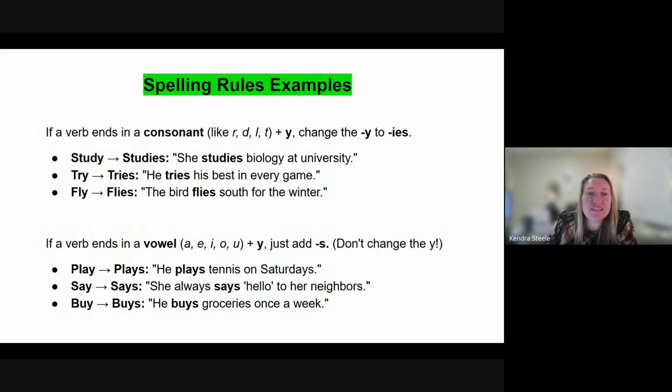So you can see that these ones all have the vowel A-Y, A-Y, U-Y. Vowel plus Y, just add S. Okay. So those are all the spelling rules for how to know how to write the ending of the verb if your subject is she, he, or it.